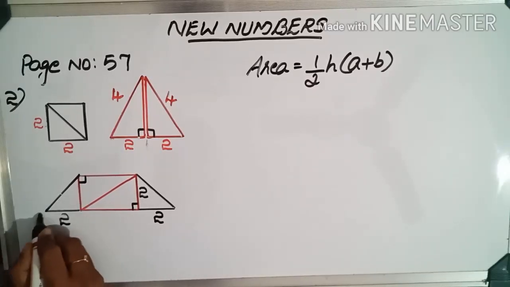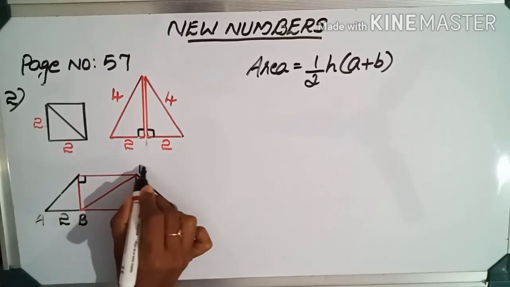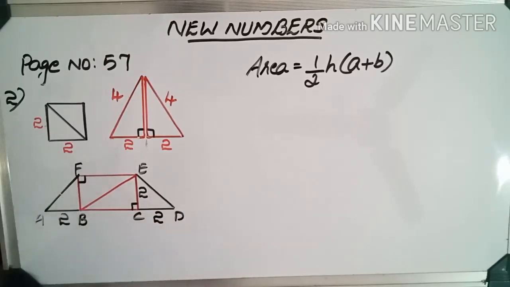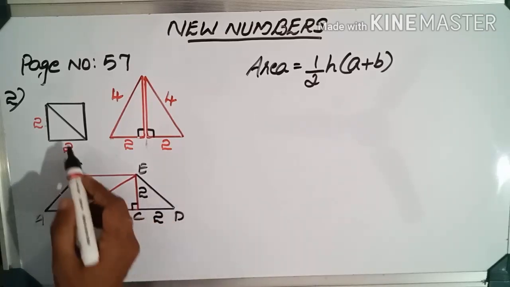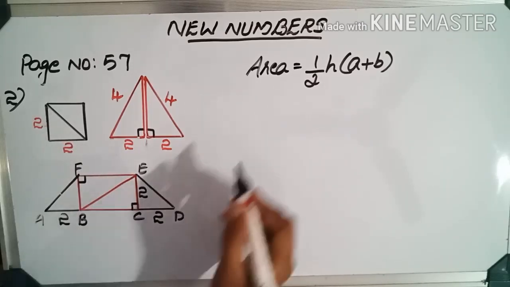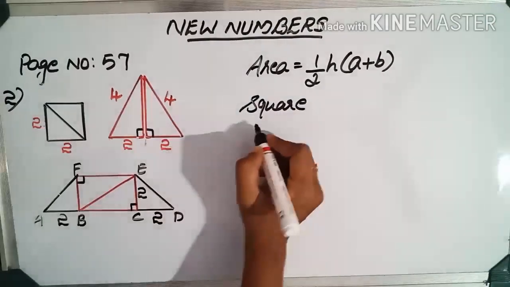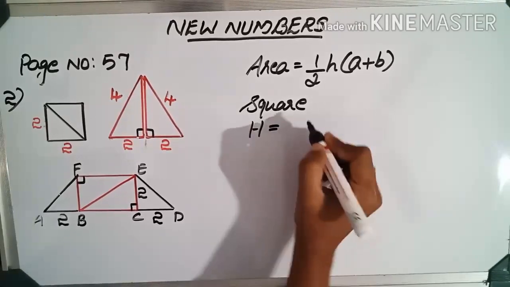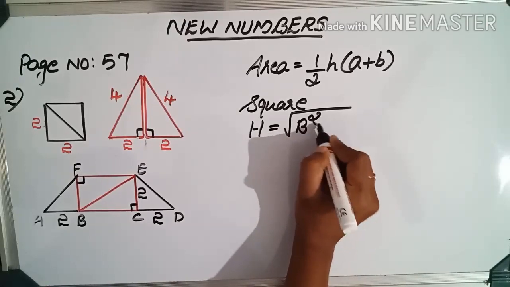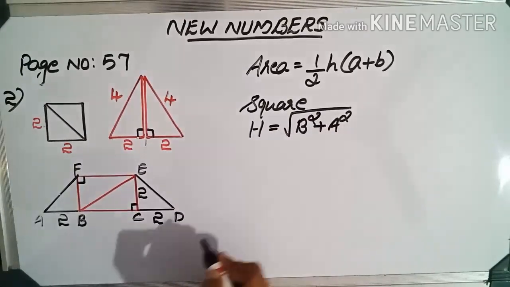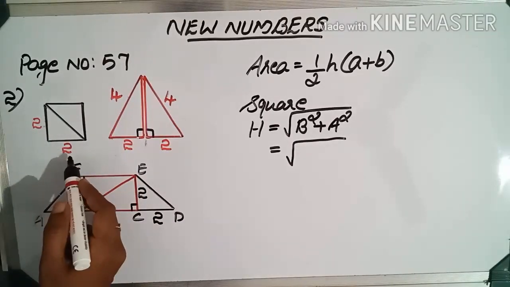First of all, let's name it as A, B, C, D, E, F. In order to get this DE and AF, we have to find the hypotenuse of the first square. So in the square, the hypotenuse is the missing portion. What is the equation? By the Pythagoras theorem, hypotenuse equals the root of base square plus altitude square. Base and altitude are both the same here, 2.